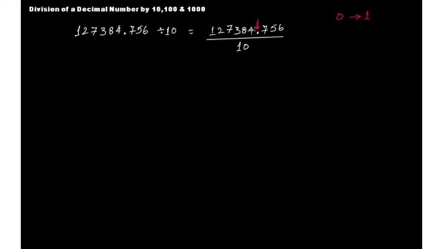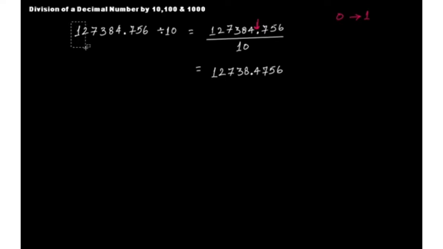If you count one digit towards the left, you get 4. Place your decimal point just before 4. So the answer is 12,738.4756.